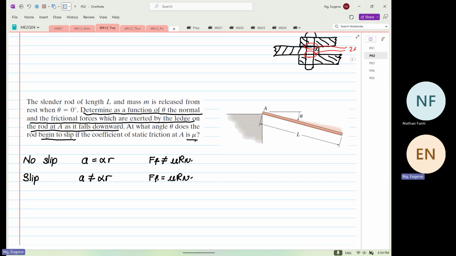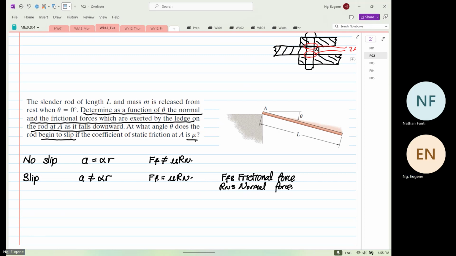So FF is the frictional force, and Rn is the normal force.